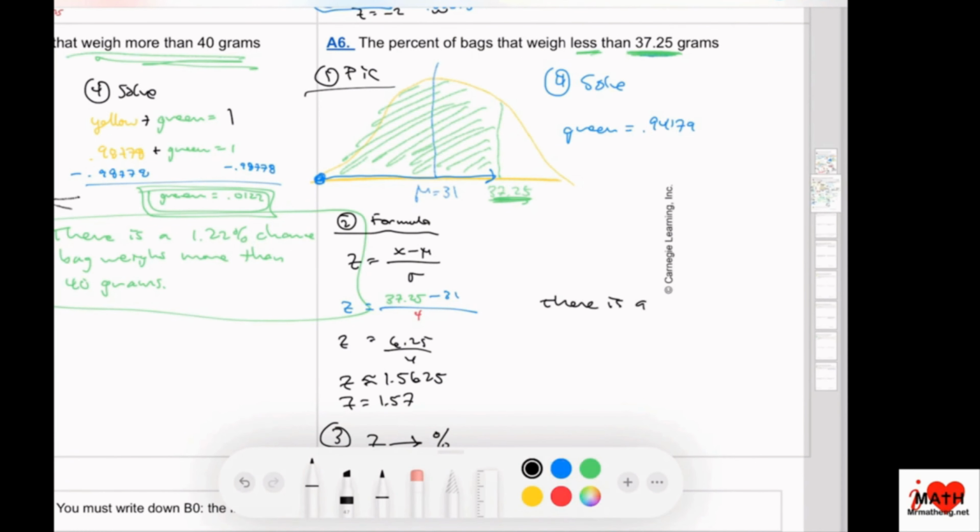Remember, just multiply by 100: there is a 94.179% chance a chip bag, which is a big number, right, 94% chance, weighs less than 37.25 grams.